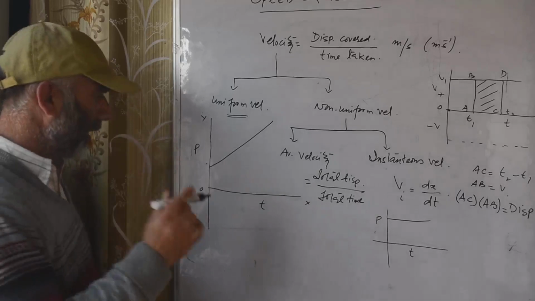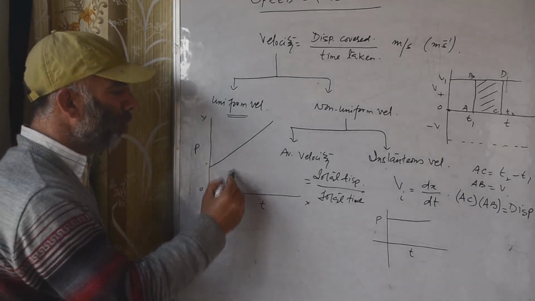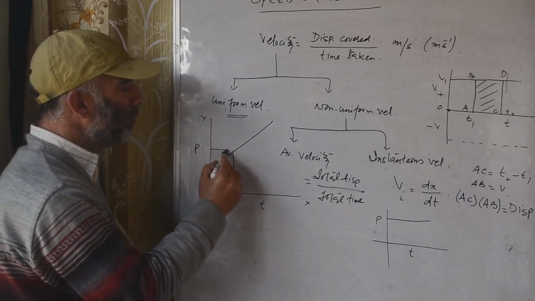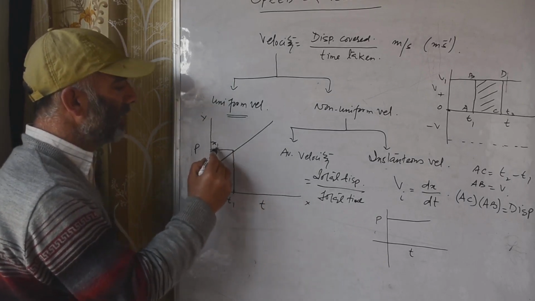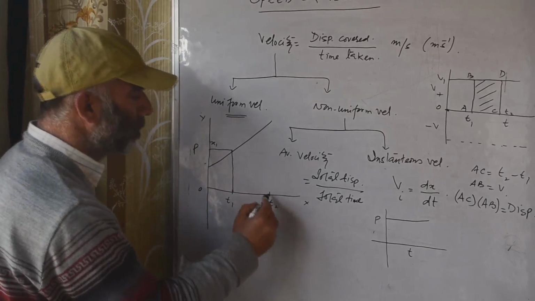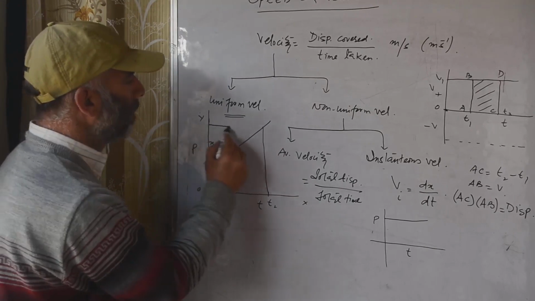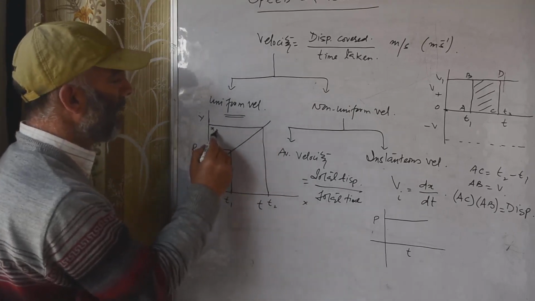So let's take one interval of time as t1. Corresponding to this time, there is one position of the particle, call it x1. Now time will change to t2, and corresponding to this time, let us call the position x2.